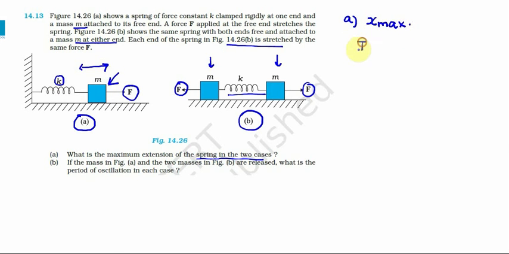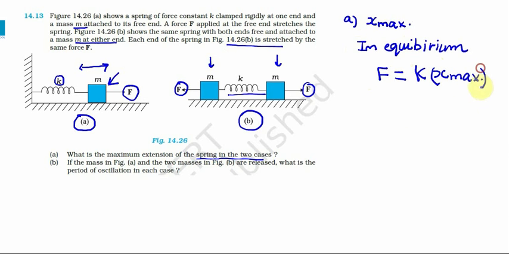In equilibrium, F, that is the external force, should be equal in magnitude to the restoring force, which is K times X max. X max is the maximum displacement. This implies X max is equal to the applied force F divided by the force constant K.